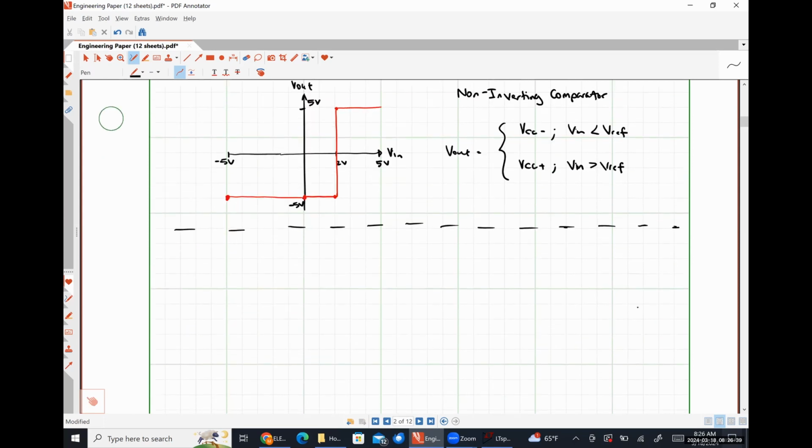So here's plus, here's minus, VCC plus, VCC minus. Vref is now being applied directly to the non-inverting input node. Vn is going to be applied to the inverting input node.